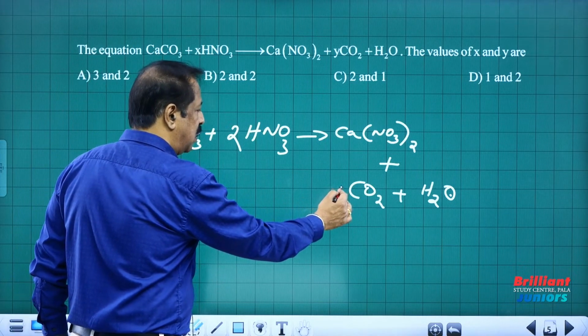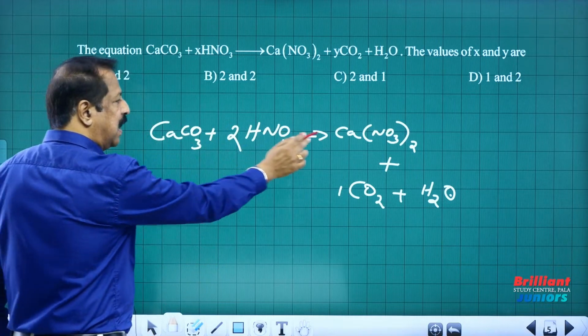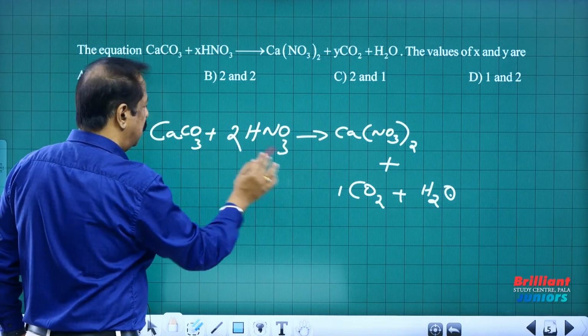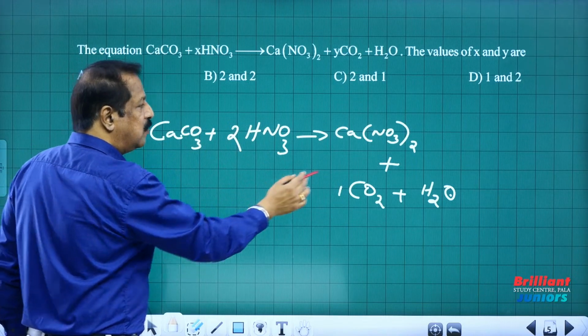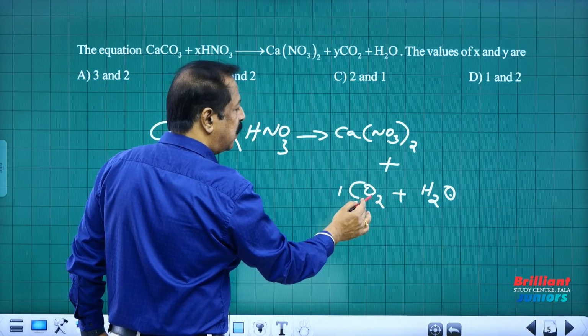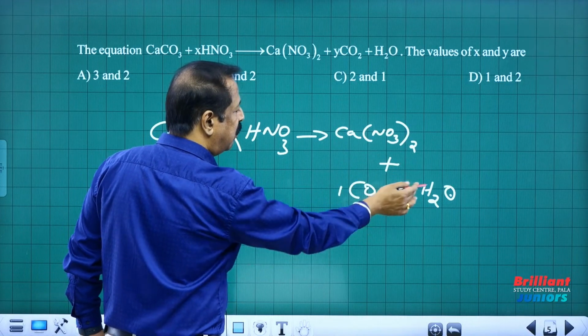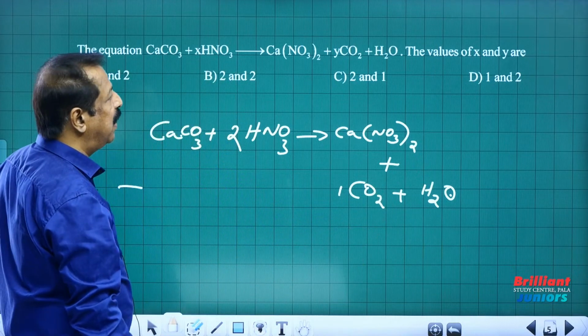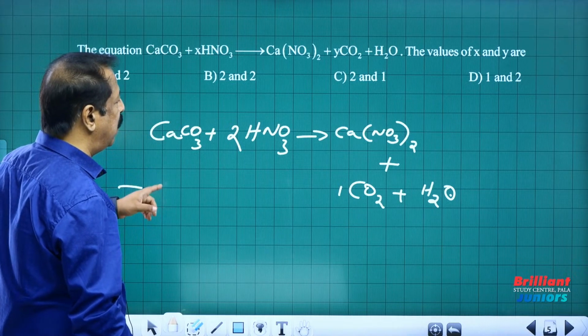Oxygen: here 2 threes are 6, 6 plus 6 is 12; here 6 plus 2 is 8, 8 plus 1 is 9. So we have to put carbon dioxide also, and the answer is 2 and 1.